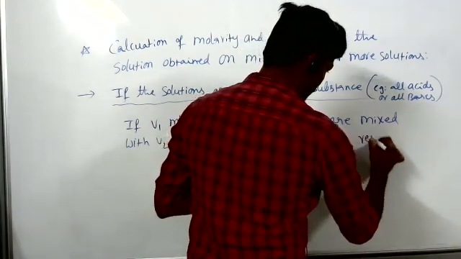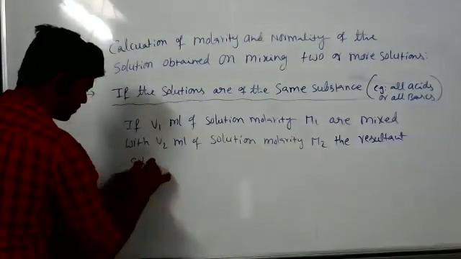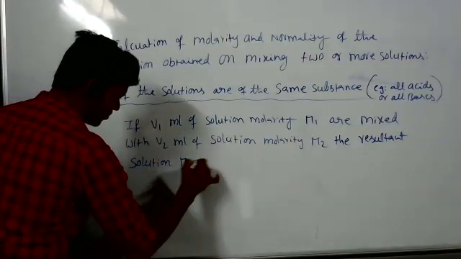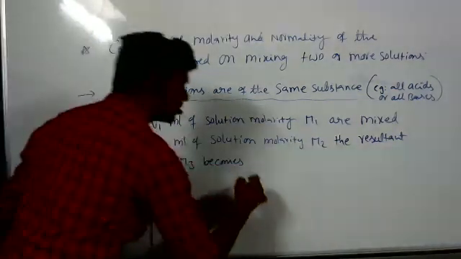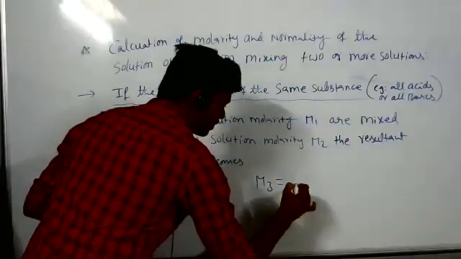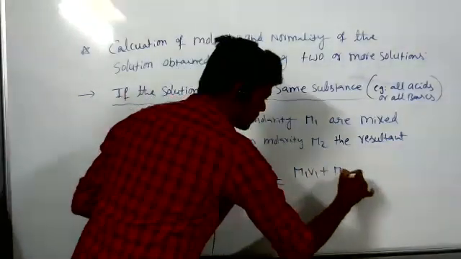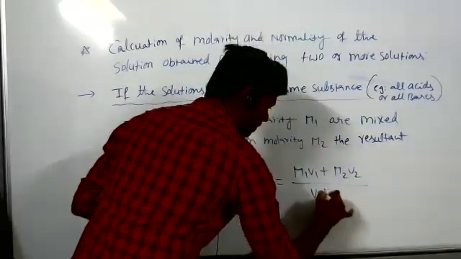Then the resultant solution molarity M3 becomes M3 is equal to M1V1 plus M2V2 divided by V1 plus V2.